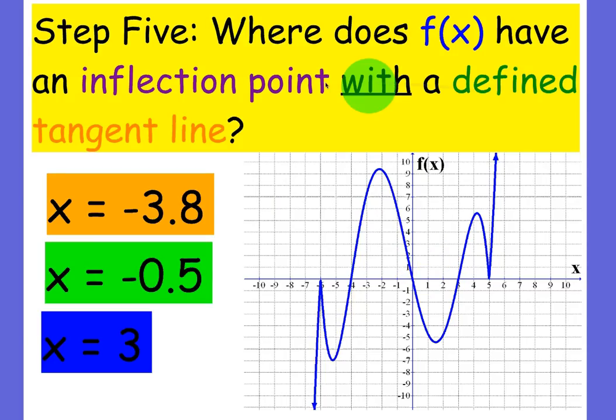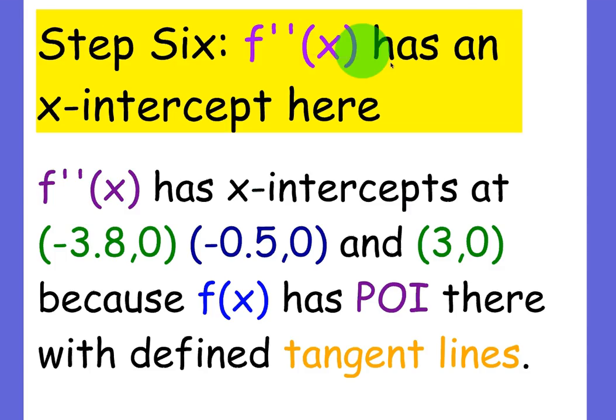What is that going to mean for the derivative? Well, it's going to be going from positive to negative or negative to positive. It's going to have x-intercepts. F double prime of x will have x-intercepts at these points because f of x has points of inflection there with defined tangent lines.